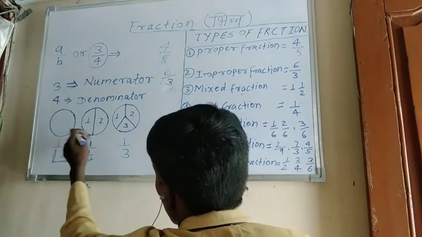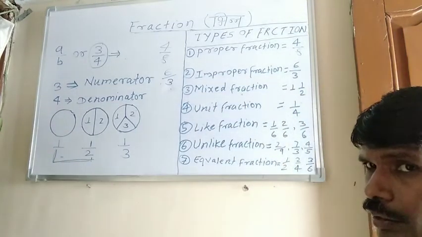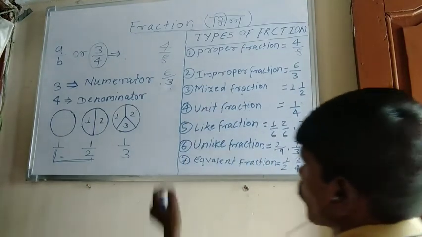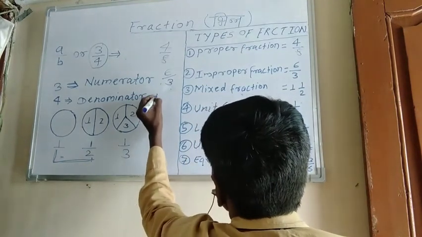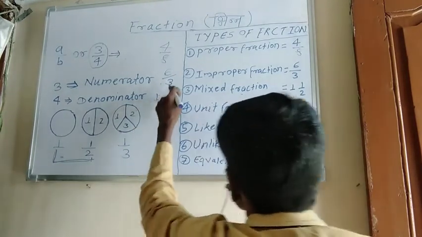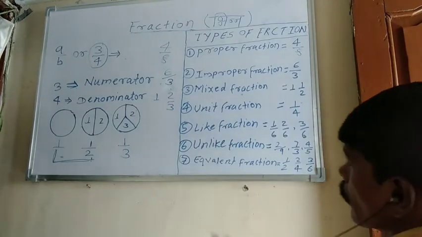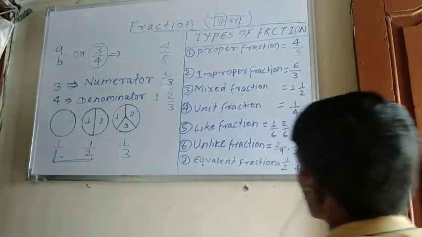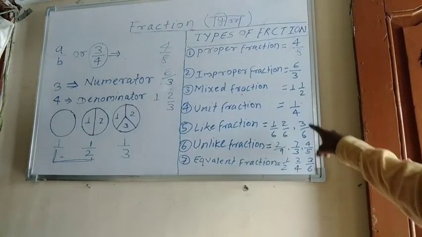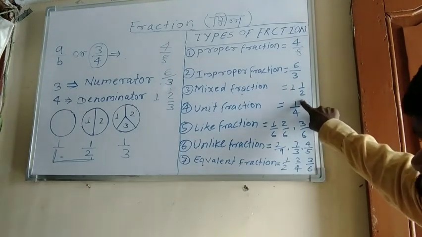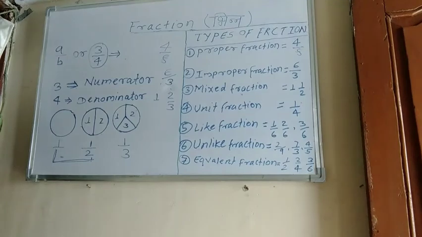This is a whole and this is a fraction. For example, 6 upon 3 as a mixed fraction will be 1, 2 upon 3. This is a whole number and this is a fraction. So this is called the mixed fraction. The fourth is unit fraction. In a unit fraction, the numerator is always 1.